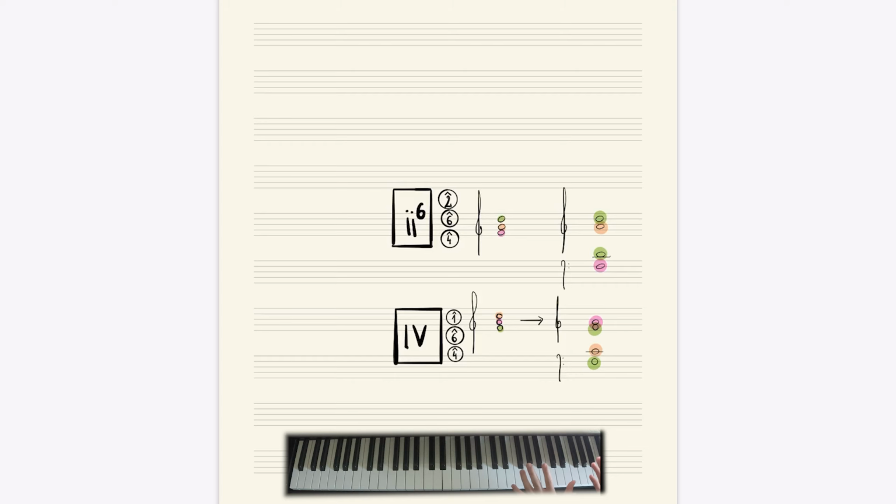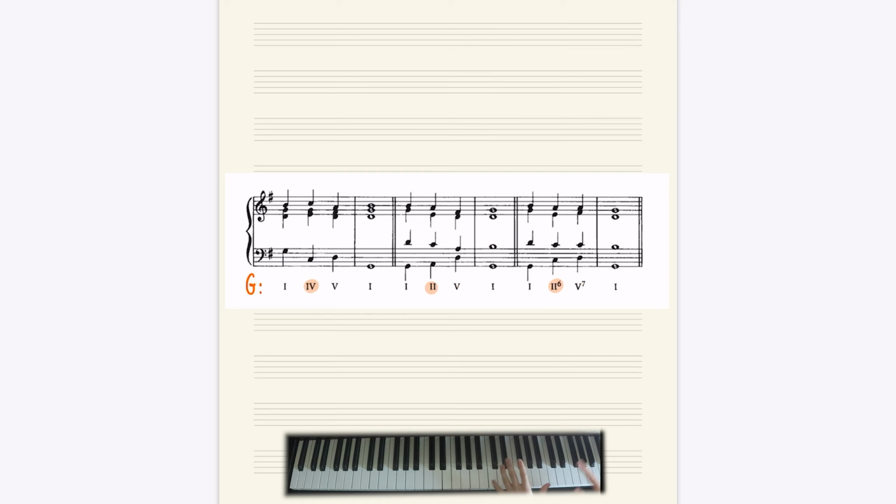But let's not go into too much detail on these chords. Let's instead look at examples of cadences that make use of these predominant harmonies.